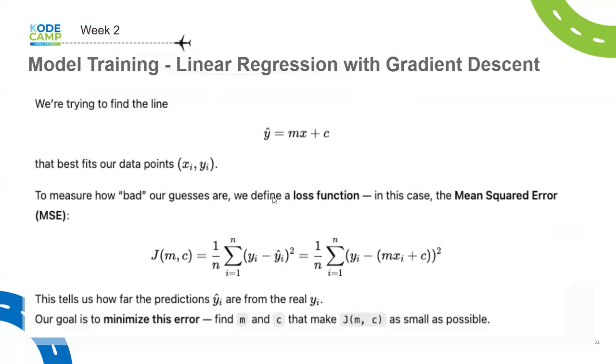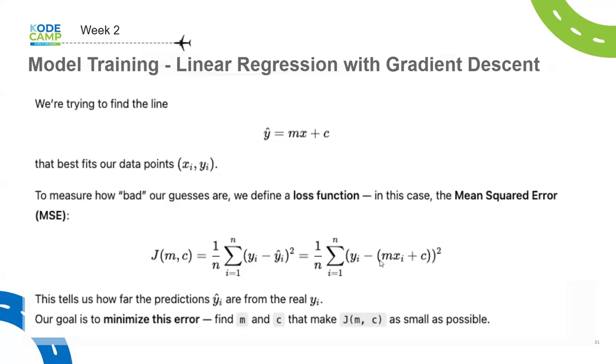Now, for us to calculate the loss, or how bad the guess is, you use a cost function or loss function. In this case, we are using the mean squared error, which I've already explained. To calculate the mean square error, it is y_i, which is the true value for each point, minus y hat, which is what the model predicts with the original first parameters that you used.